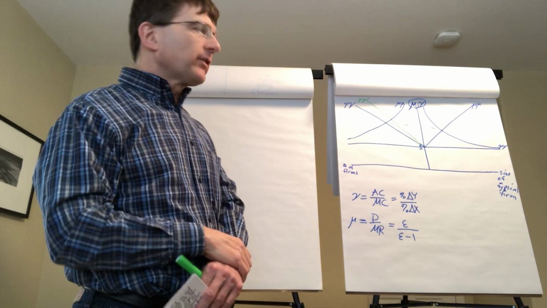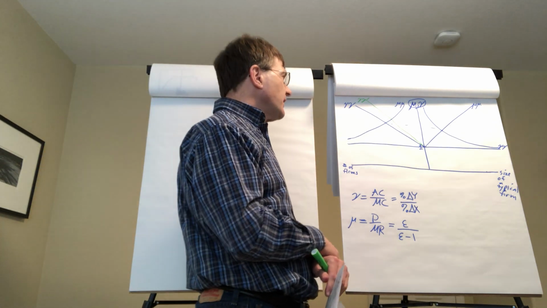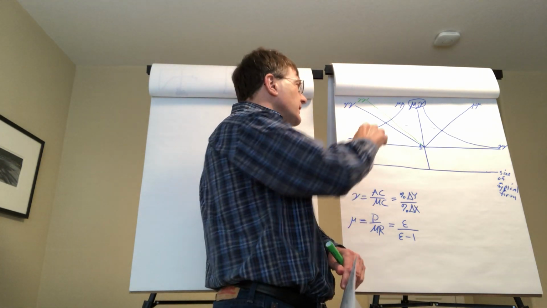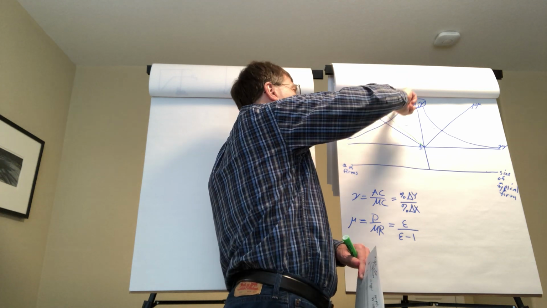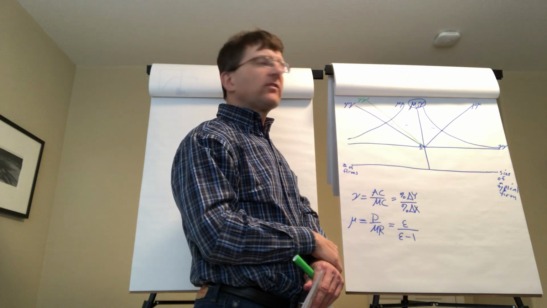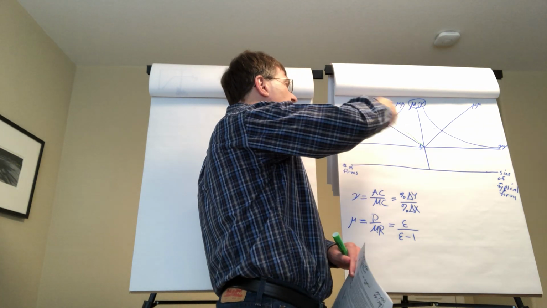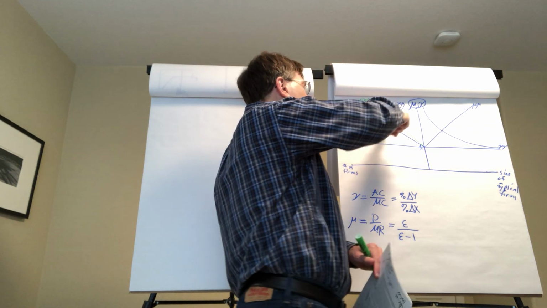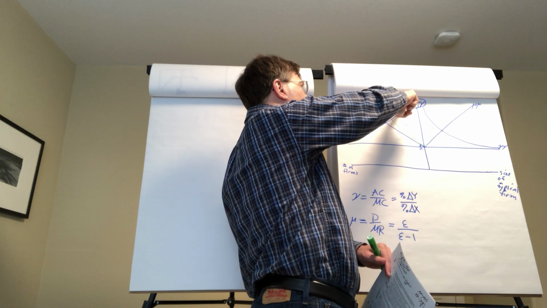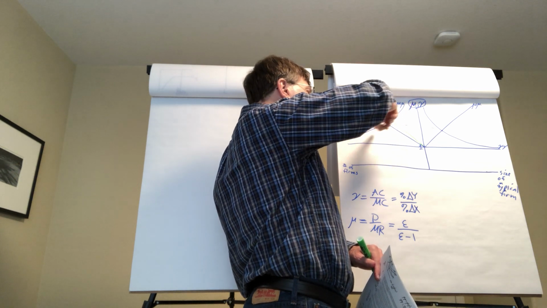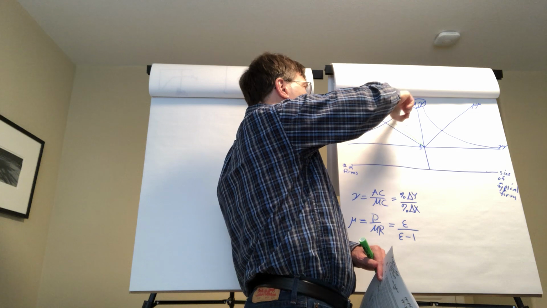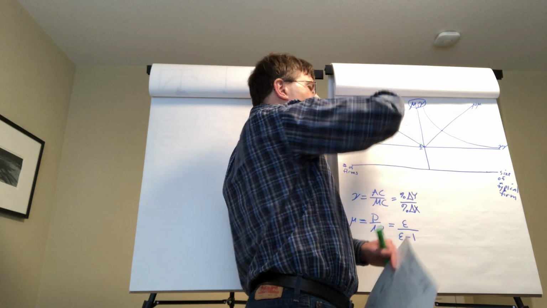We're going to do a similar thing talking about the mu curve. The markup ratio, how high you can set your price above marginal revenue, which equals marginal cost, once you've chosen your price, is going to depend mainly on the number of firms. So this curve doesn't shift.